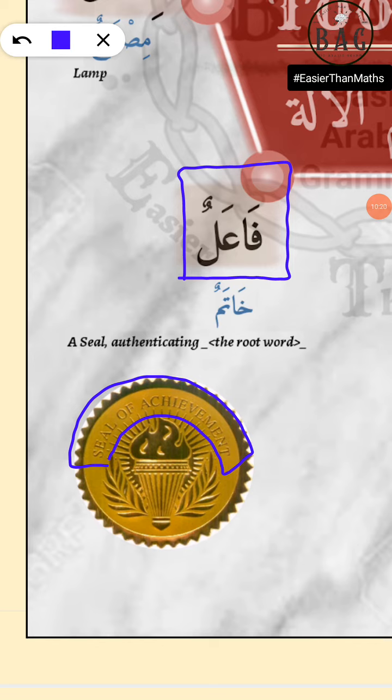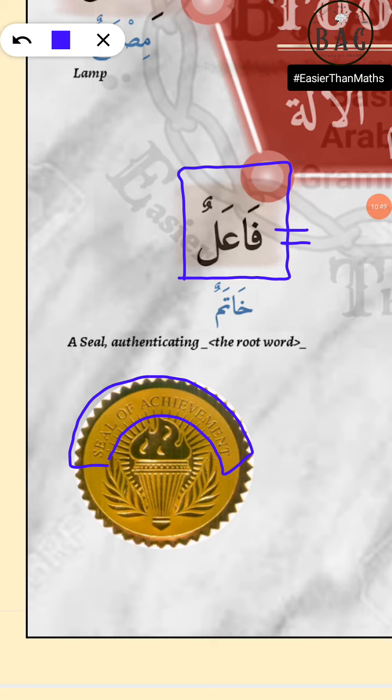That's why it makes it more official, more authentic. So the pattern of fa'alun imparts the meaning or the essence of something being an authentic seal of whatever root meanings have been superimposed in the pattern of fa'alun.